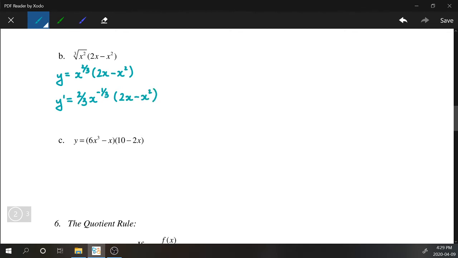And then we're going to leave the first part, and then the derivative of the function g of x, which is in the parentheses here. Derivative of 2x is 2, and derivative of x squared is, of course, 2x. Then what you can do is multiply everything out using the distributive property.